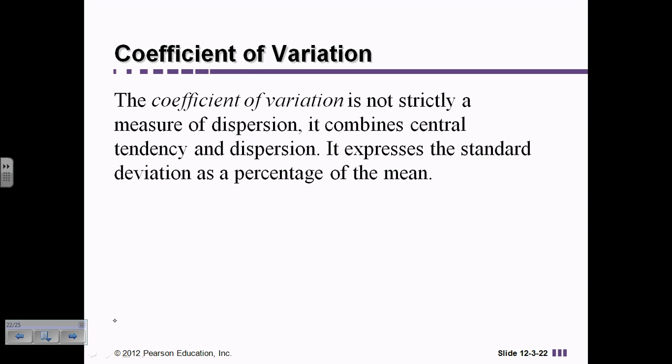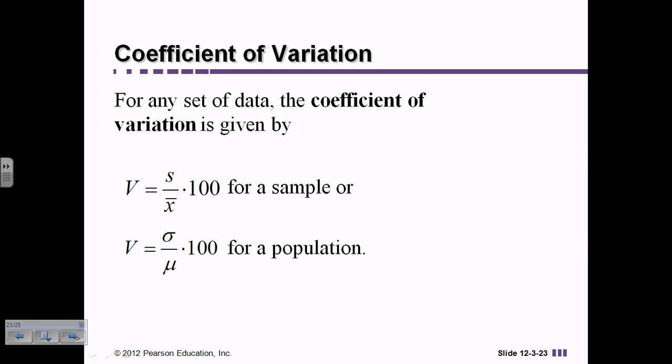All right, so the last thing we're going to talk about is something called a coefficient of variation. A coefficient of variation is not just a measure of dispersion, but it's also looking at the average and the percentage. To find the coefficient of variation, we're going to take S, and remember S is the standard deviation, and we're going to divide the standard deviation by x bar, which is the mean.